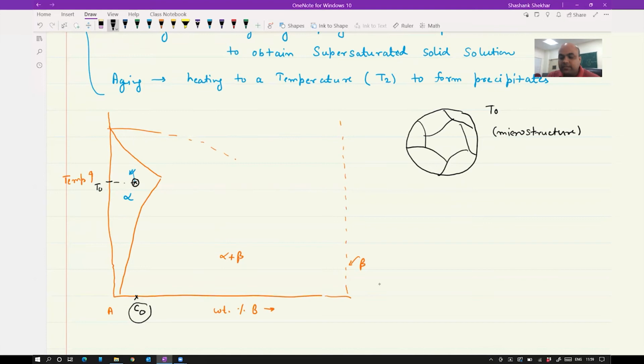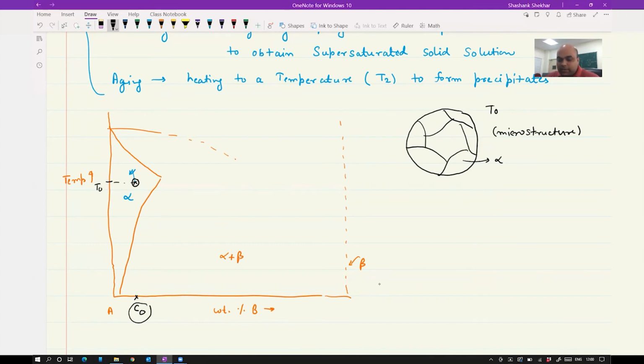Where you can see the grain boundaries, and these are alpha. It's a single phase. There is no other phase, there is no beta phase. We have dissolved all the precipitates in the alpha matrix to form a single phase alpha here, and that is the purpose of doing solution treatment.